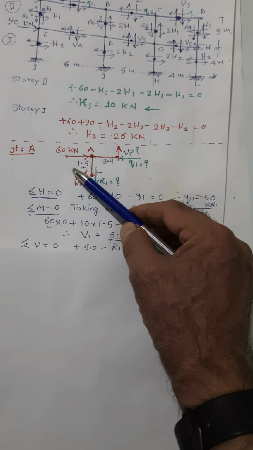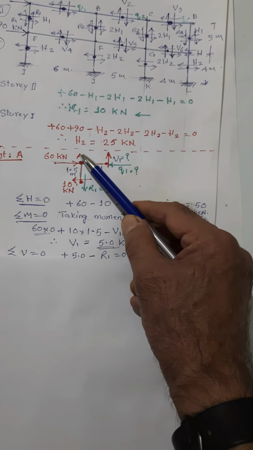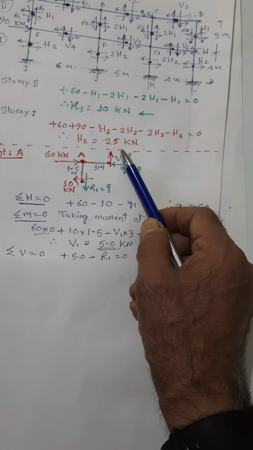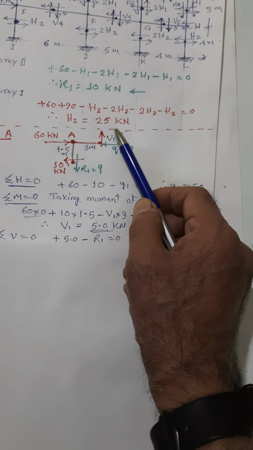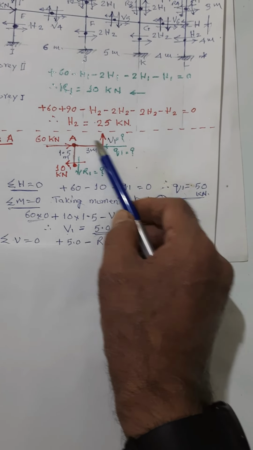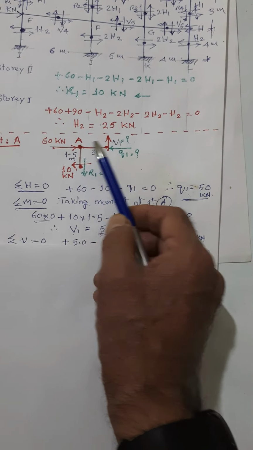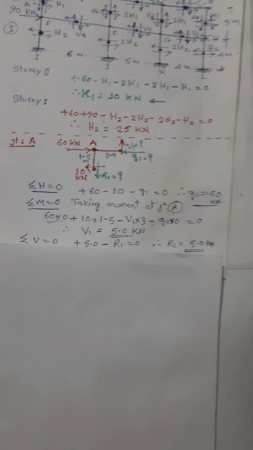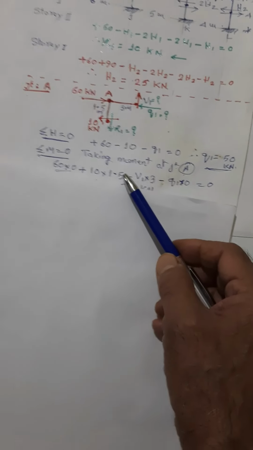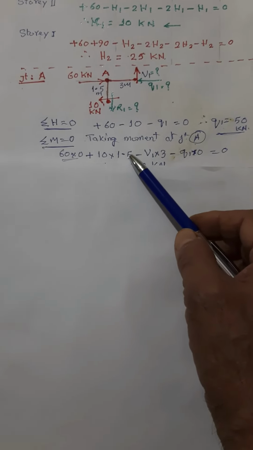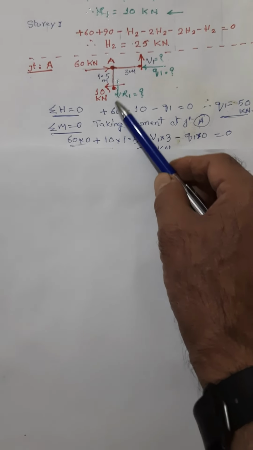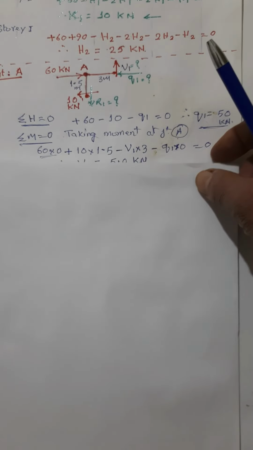Then this force, that is 10 into this 2, and we can call this V1 into this distance of 3 meters, anti-clockwise, equal to 0. From this, once the value V1 is known, then sigma V can be calculated.